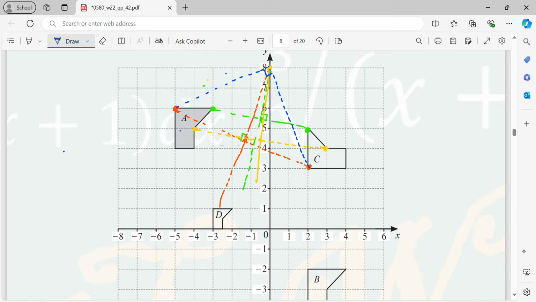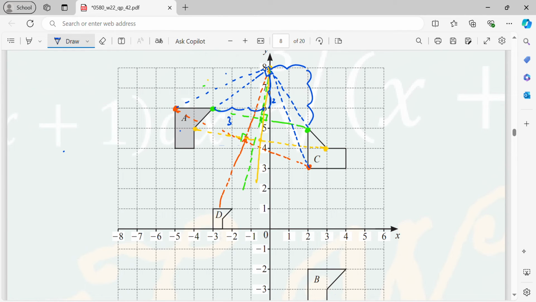Otherwise you can just check the green point. For the green point, just draw it to the center of rotation. You can check: this is 1, 2, 3, 3 units, then 2. That means 3, 2. Then for the green point, it will be 1, 2, after that 1, 2, 3.